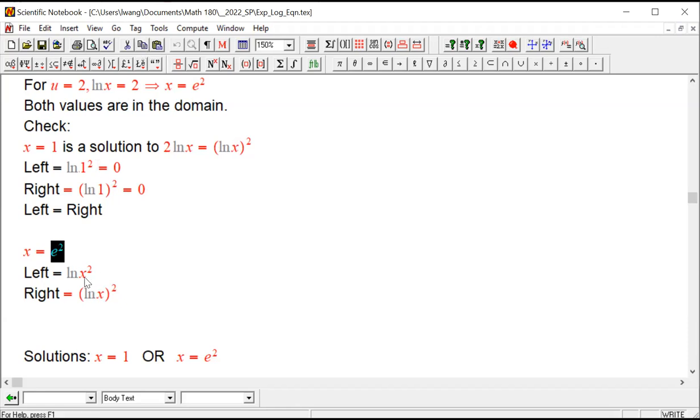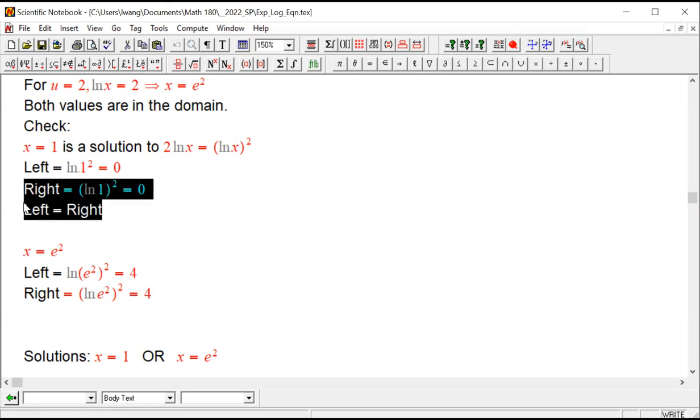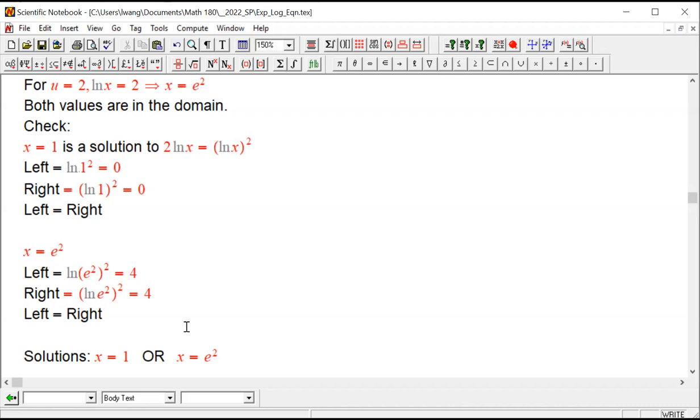For e squared, you will plug in the left. And that equals to 4. You plug in the right. And that equals to 4 as well. And you tell the reader left equals to right. Okay, then you say, is it necessary to point out left equals to right?